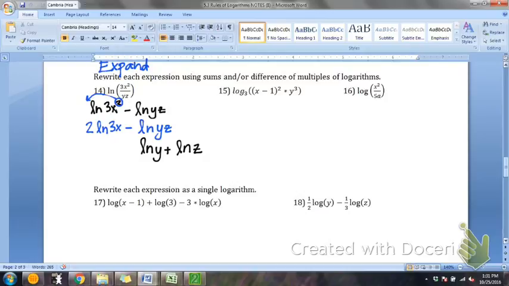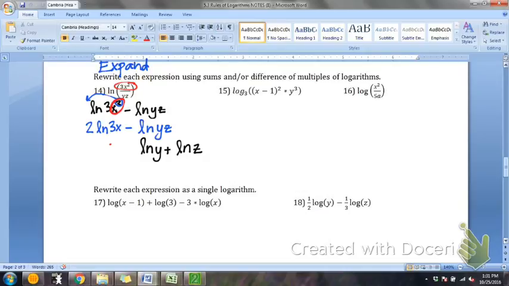The 3x. Okay, now let's talk about this a little bit. If you look at the x, this 3x squared, what part is being squared? Just the x, not the 3, right? Just the x. So when we put the 2 out in front, the 2 really only goes with the x squared term, right?